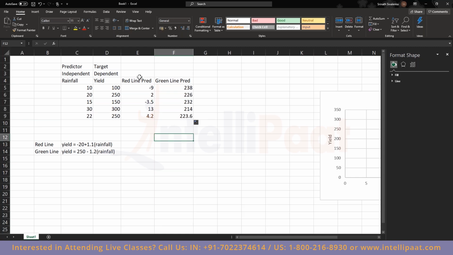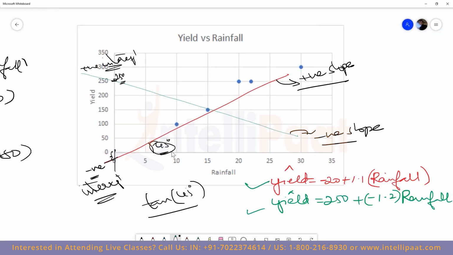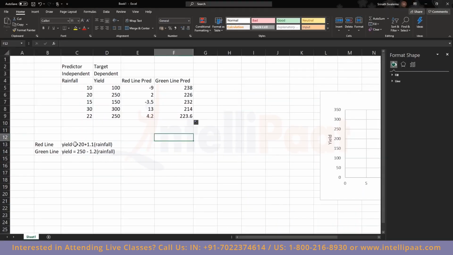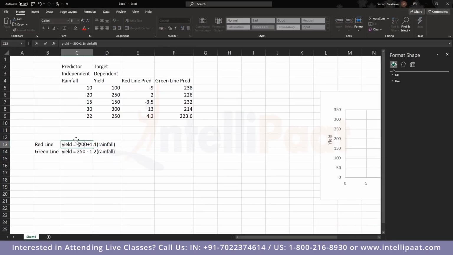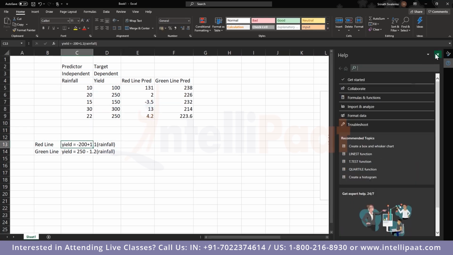And currently I think I made a small mistake with this equation, because the red line needs to have a higher intercept to cut through these data points. Let's just do a small change here. Instead of making it negative 20, let's make this 120.